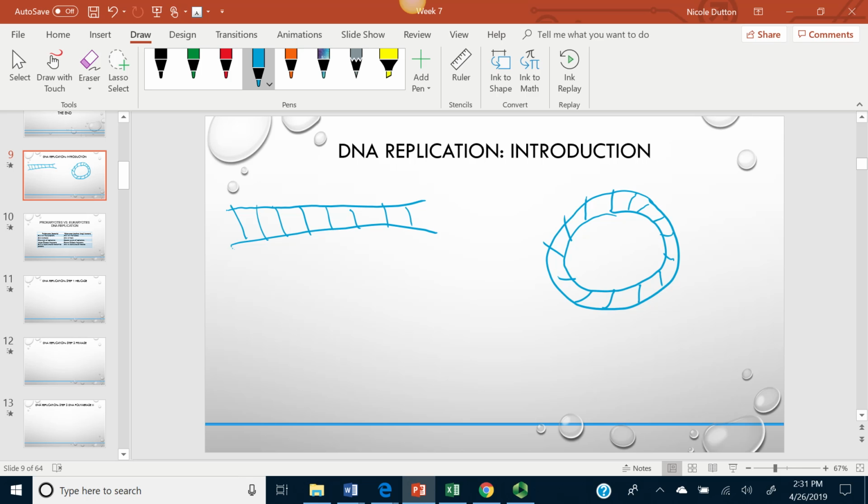DNA replication is known as being semi-conservative. With semi-conservative replication, when we make our DNA, we end up with DNA that is half old and half new.